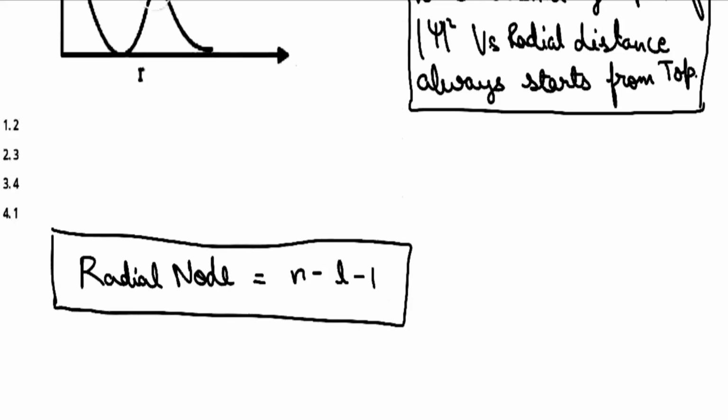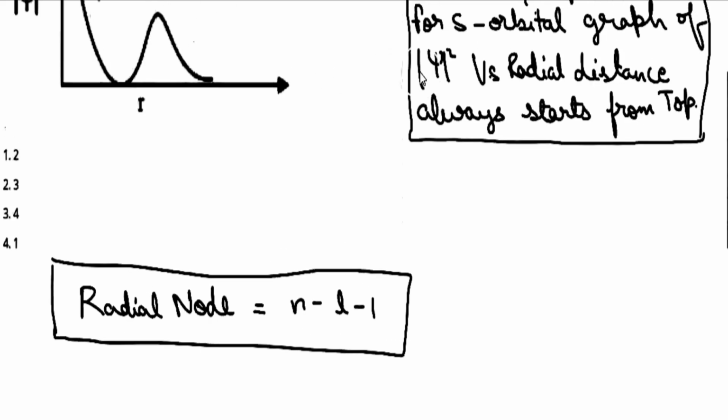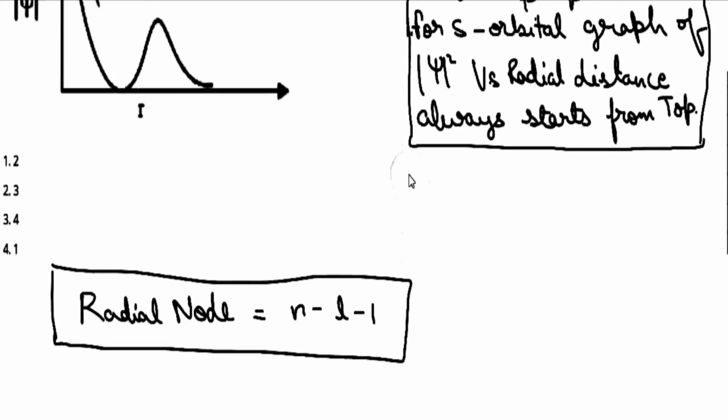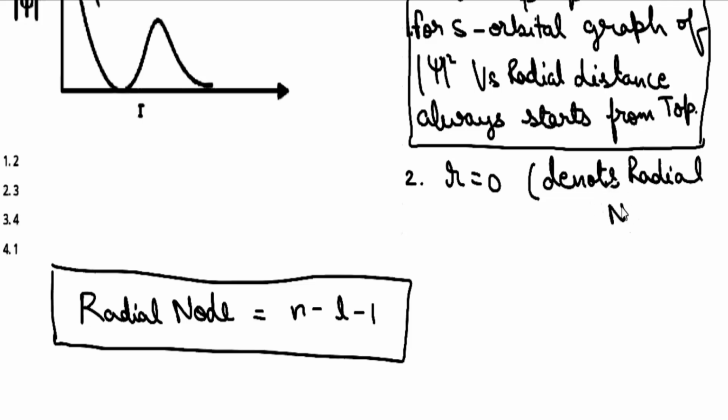And according to the graph, this is the first point, and the second point is R equal to 0 denotes a radial node.